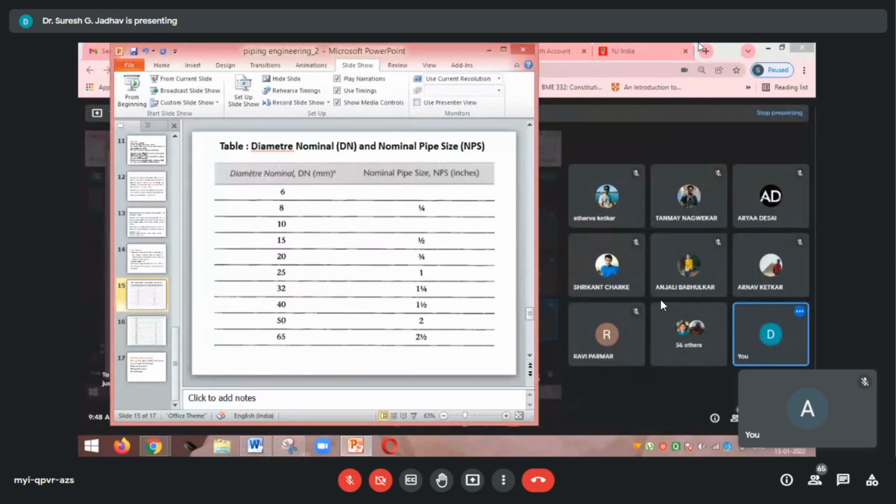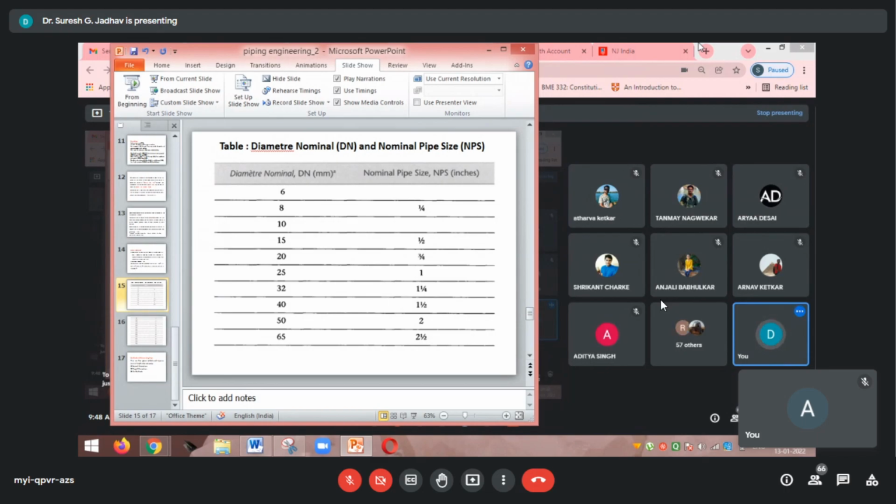That is what we call the NPS. Earlier we called it IPS, and then in specifications in the oil and gas industry in the US, later they designated it nominal pipe size. If you compare DN and NPS, it is diameter nominal versus nominal pipe size in inches. This is the difference.